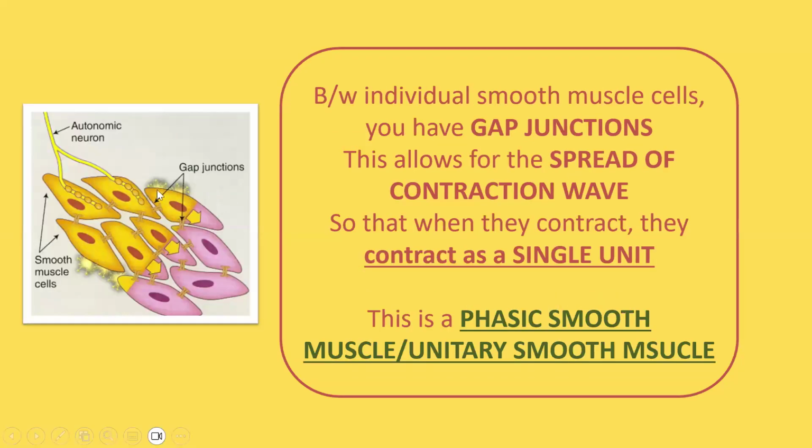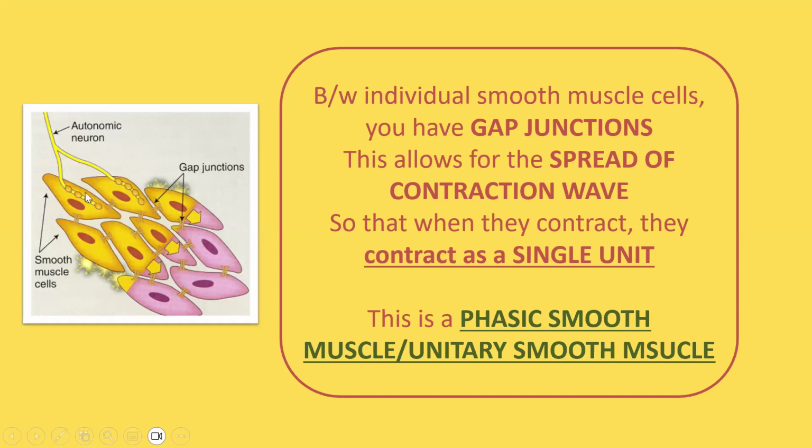And this is one neuron, an autonomic neuron, which will stimulate only these two cells. See, it is only bound to these two cells. But because of the gap junctions, the stimulatory wave or the contraction wave can spread to the rest of the muscle through these gap junctions. And this helps the entire structure to contract as a single unit, which is also efficient.